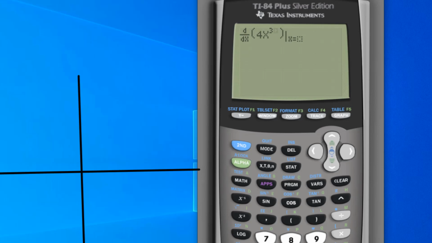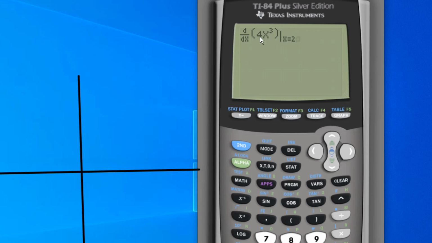12x to the second. But here what we're getting is the derivative at a certain value of x. So we're saying, what is the derivative of 4x to the third, evaluated at some number? Anything you want here. I'm going to pick 2. Again, remember the derivative is 12x to the second, and then we're evaluating at 2.